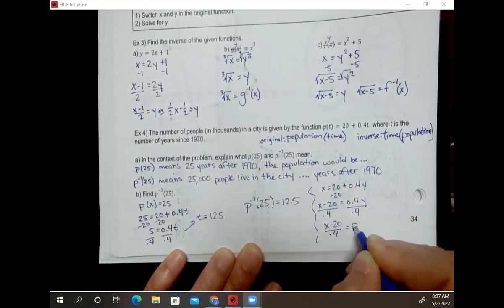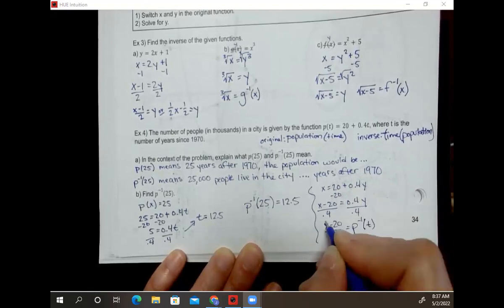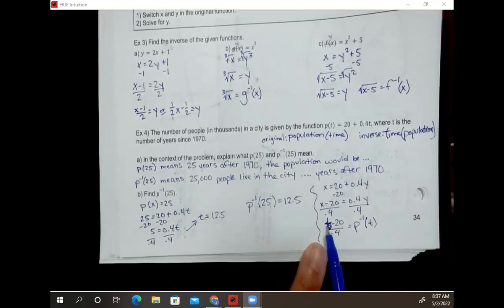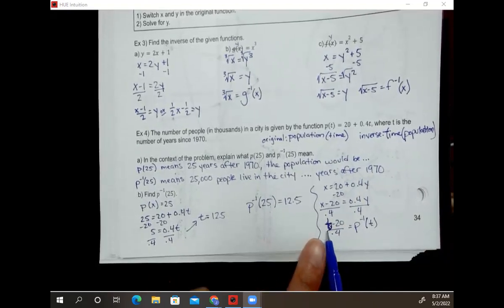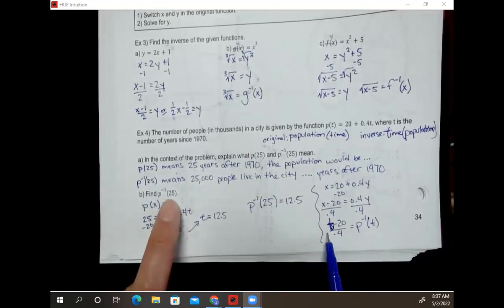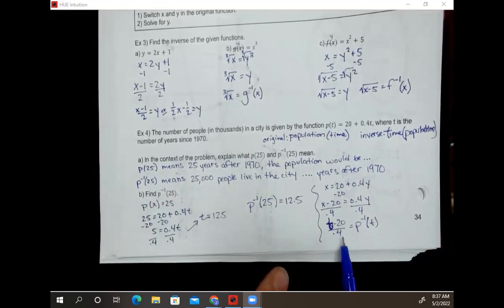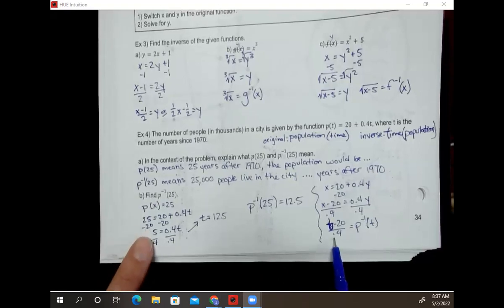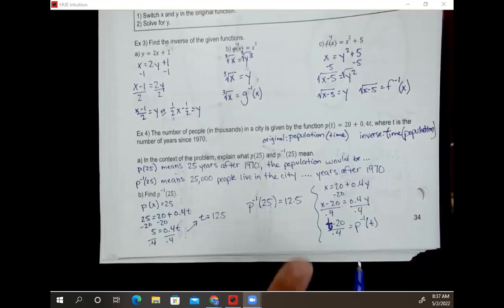And that would give me my p inverse function, of t. I guess I should switch this back to a t. Now I could plug 25 into here. If I plug 25 in for t, I would have 5 divided by 0.4, which is exactly what we did over here, and I would still get 12.5. So two ways I could approach that.